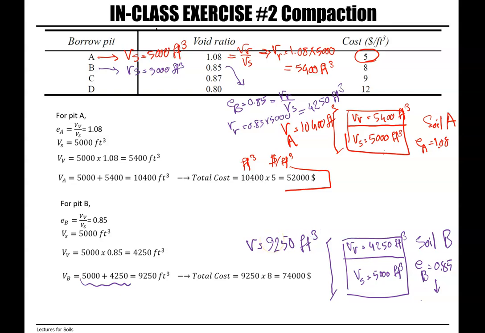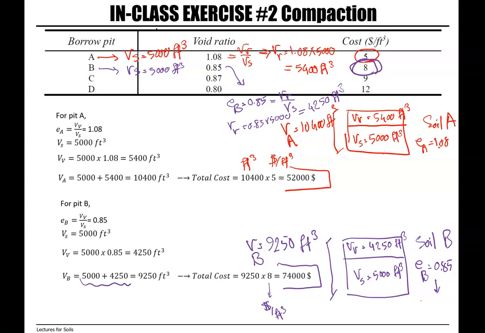That's how much material we need to bring from pit B to make sure that we have enough solids for our embankment. This one, the cost is $8 per cubic feet, so the total cost is $74,000.